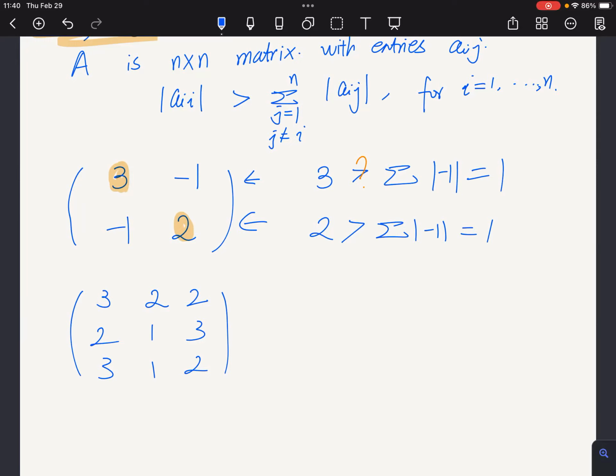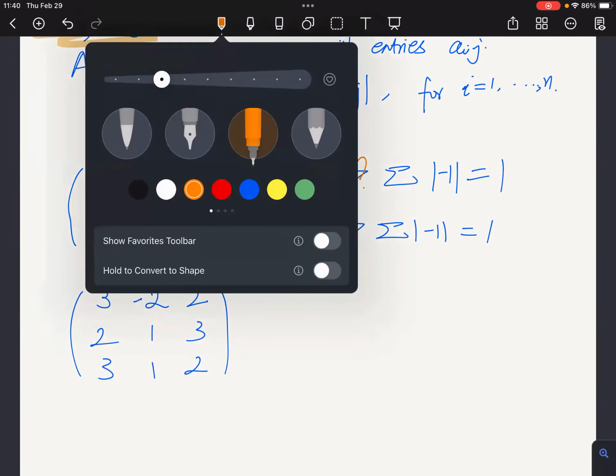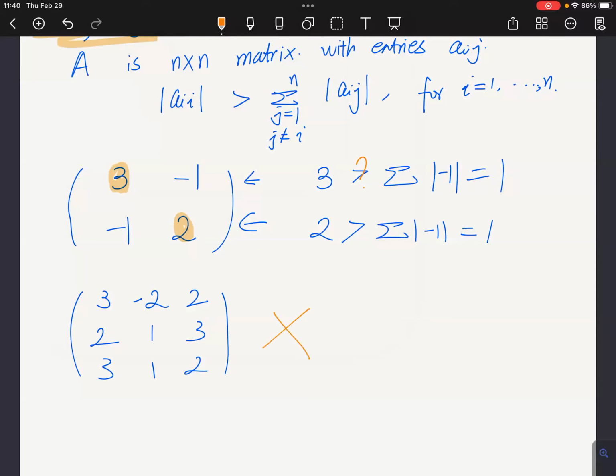And now let me change one thing. If I change the negative sign, is that diagonally dominant? No, because we need to do the sum of the absolute values, not just the original values themselves, right? So this one is not diagonally dominant, and then this one is diagonally dominant.